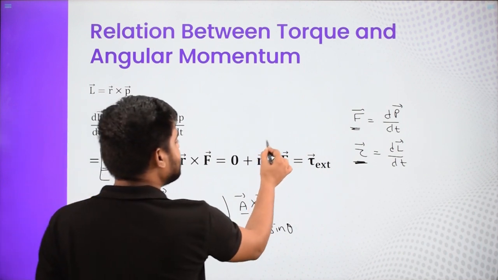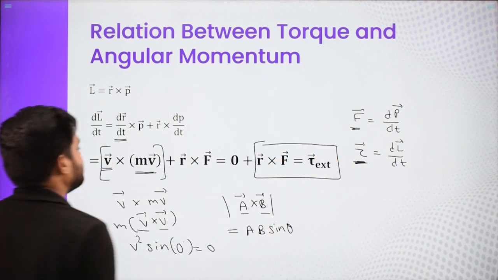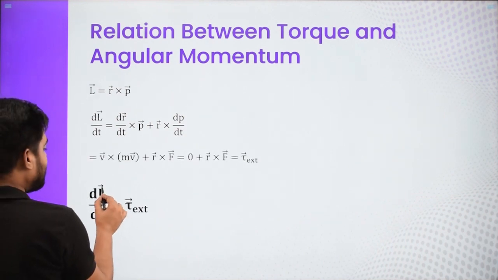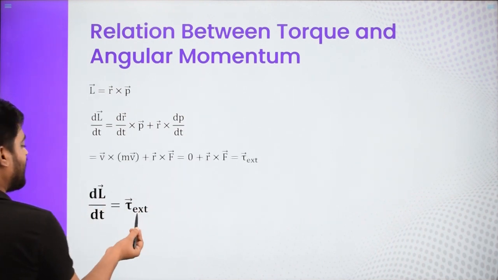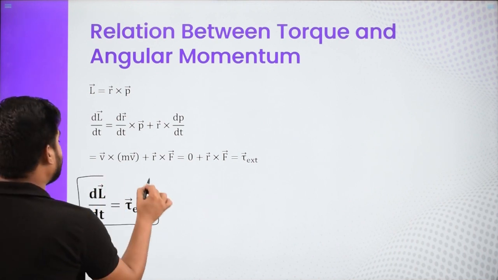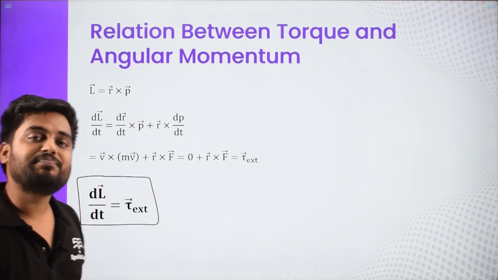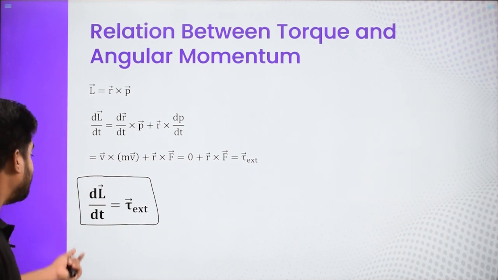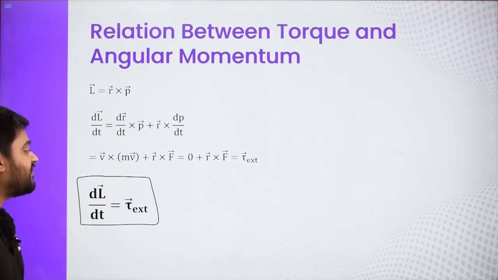External torque is given by r cross F. This is an important relationship: torque is nothing but r cross F, so torque is equal to dL by dt. Like F is dp by dt, we define torque to be dL by dt. The rate of change in angular momentum is defined as torque.